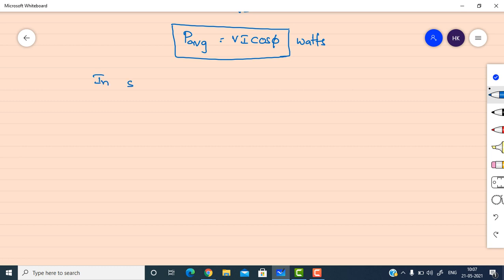So in this series RC circuit, voltage equation, total voltage is the sum of VR and VC, right? So I need the power triangle. For that, what I will do, multiply this voltage equation with current on both sides. Are you following?